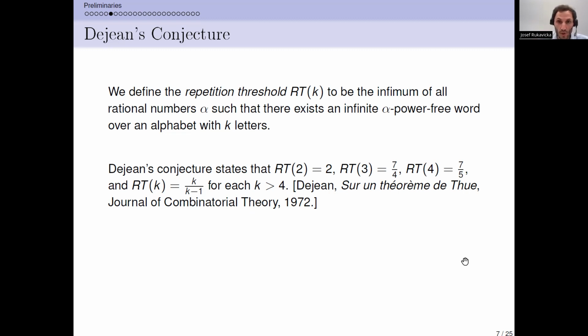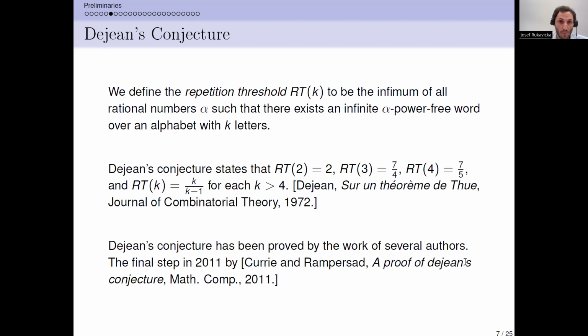Okay, this conjecture is currently proved. It has been proved by many different papers, just for different configurations. If I say configuration, I mean the combination of the size of the alphabet and the alpha. So depending on the configuration, different authors proved this conjecture.